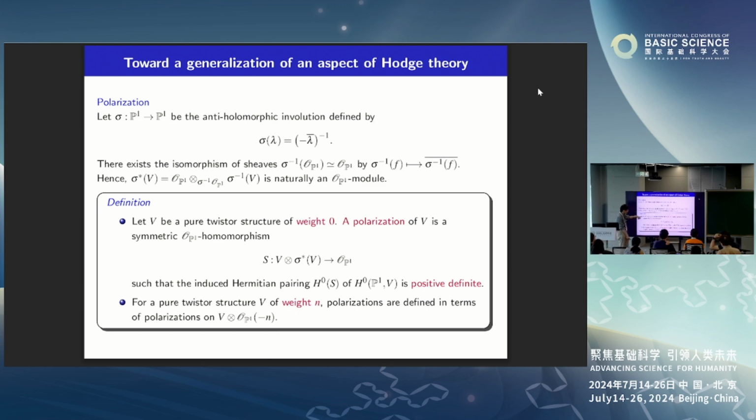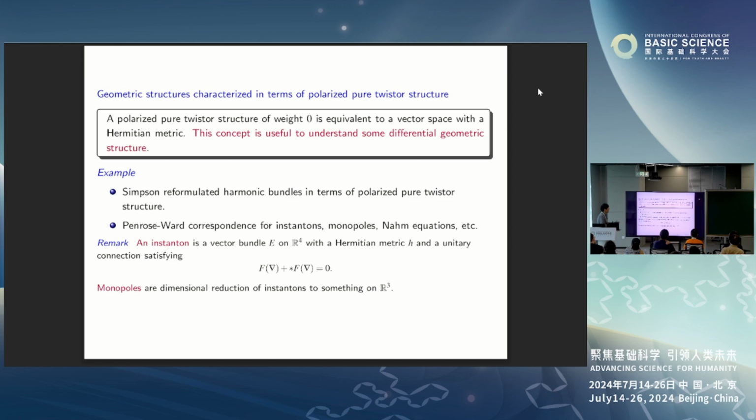Then for any pure twistor structure V of weight 0, a polarization of V is a symmetric pairing of V and sigma star V such that the induced Hermitian pairing on the space of global sections is positive definite. And the weighted case can be defined by using shifting. Then a polarized pure twistor structure of weight 0 is equivalent to just a vector space with a Hermitian metric.